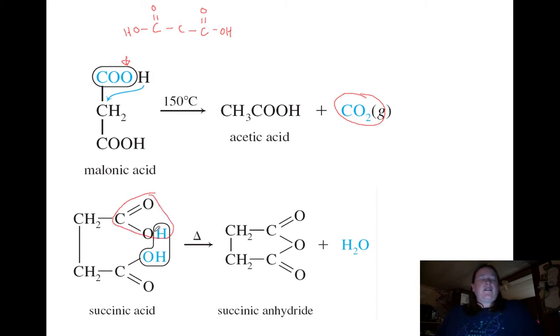So what happens here is the hydrogen from one of the carboxylate groups combines with the hydroxide from another, and right where these leave, this kind of comes together as a junction, and that HOH becomes water, and we produce this, which is called an anhydride.